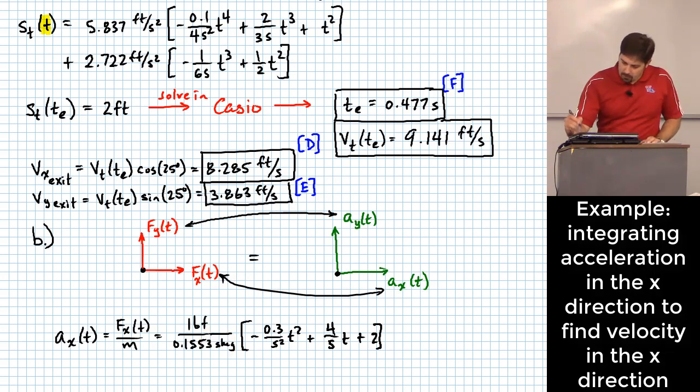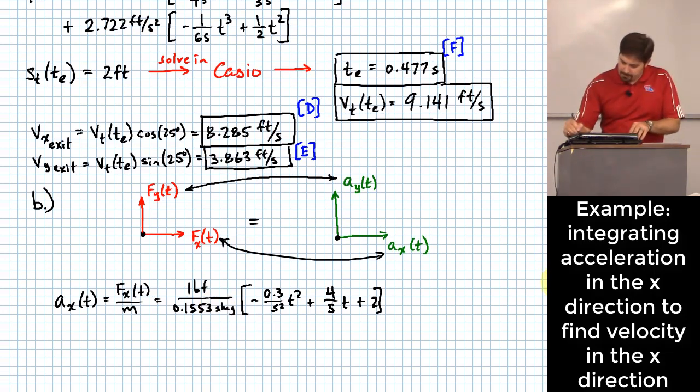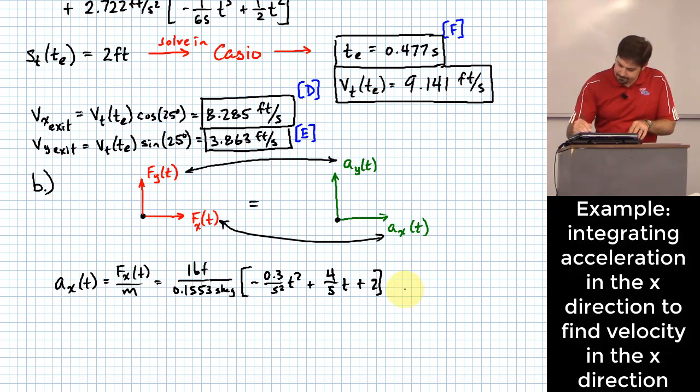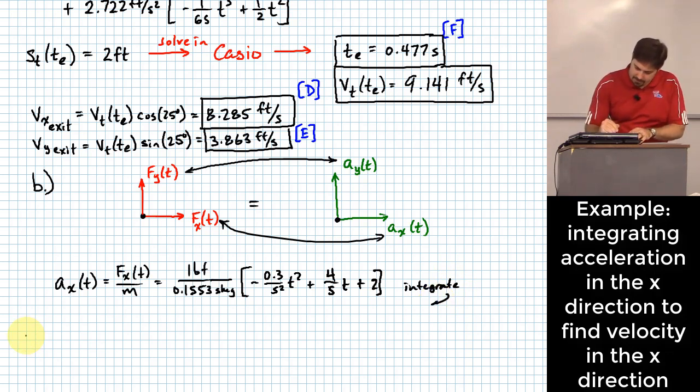So what it ends up giving me, if I integrate, is an x velocity as a function of t, which is going to be equal to 1 over 0.1553 slugs.